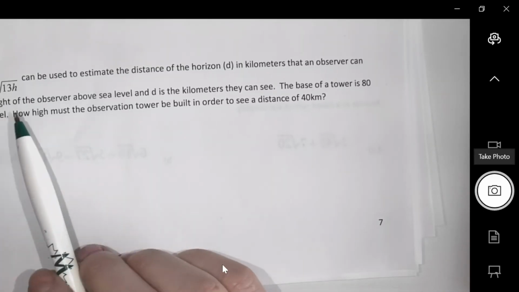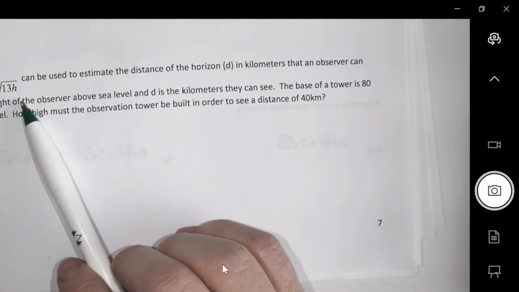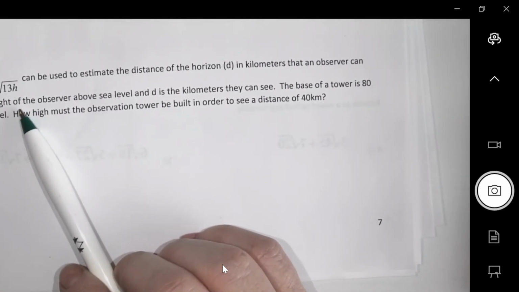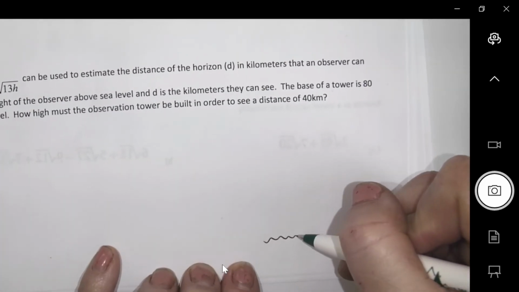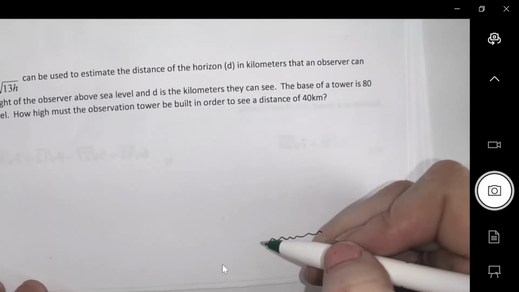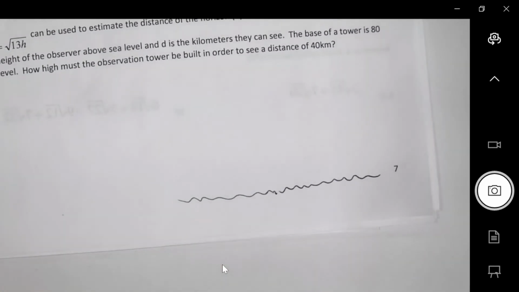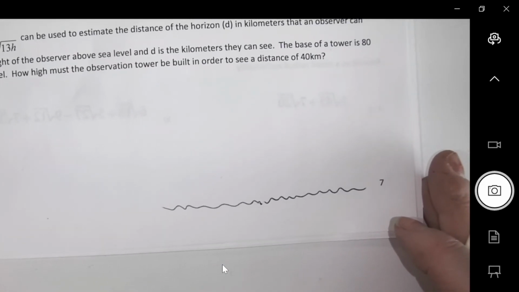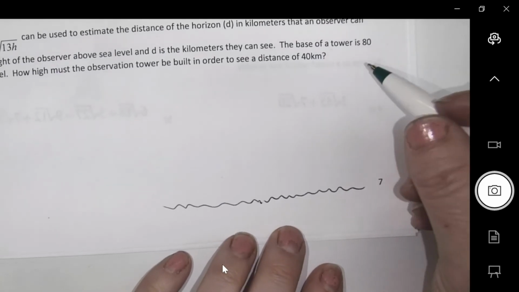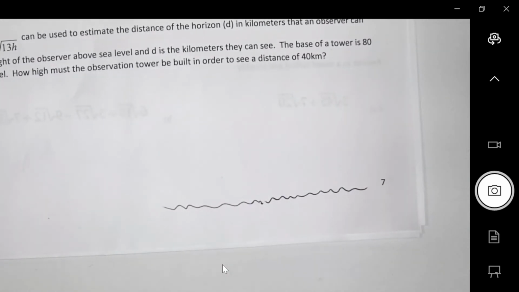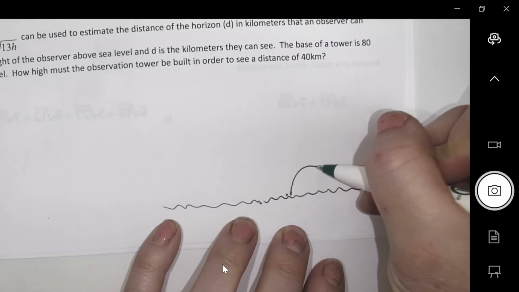Okay, so this is a formula that says you can see out a distance according to what height you are. Okay, so you have sea level. So there's my sea level, 0. And you're on a tower, but the base of the tower is already 80 meters.